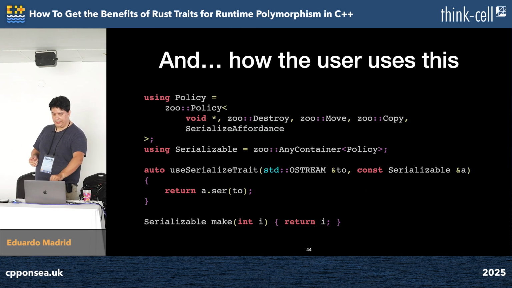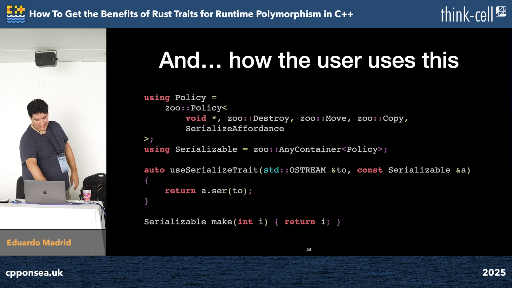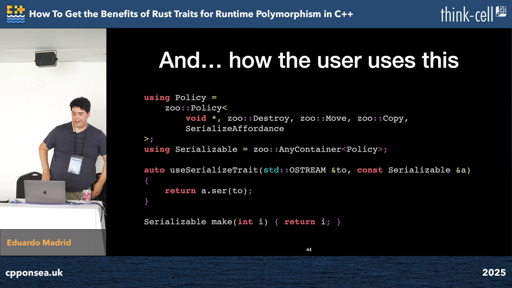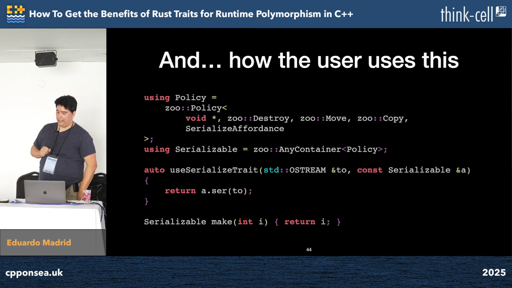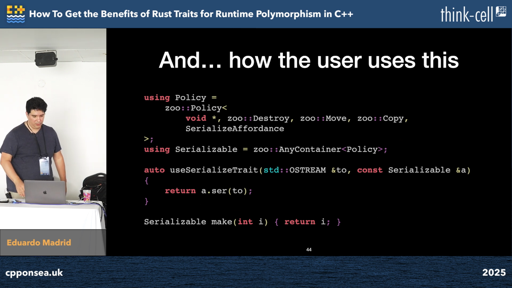And look, we are using serialized affordance, which is the top level thing that puts all of the other components together that I showed you a moment ago, right? And to use the serialized trait, you're going to get something that is of type serializable, which is an any container on that policy. And you can invoke the member ser on serializable, and that's what it's going to activate in the way that I described before, the behavior that is runtime polymorphic.